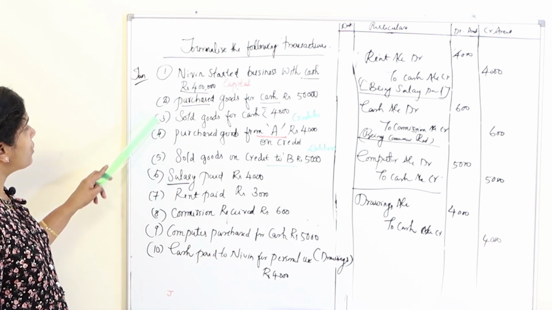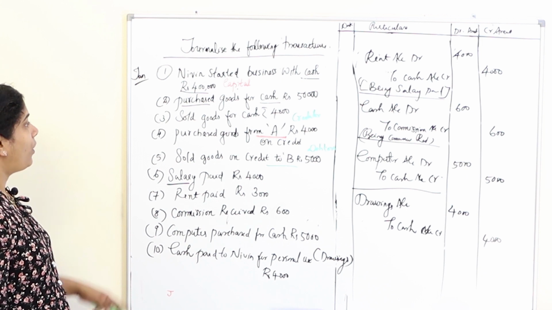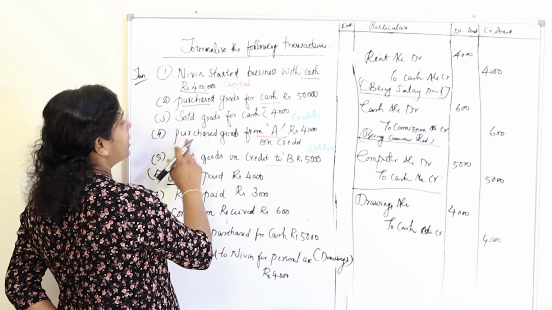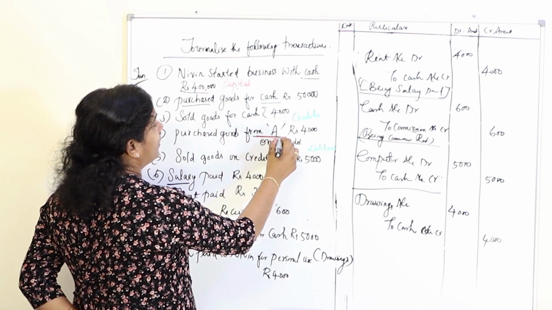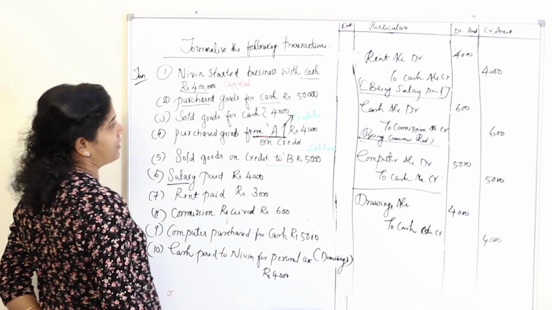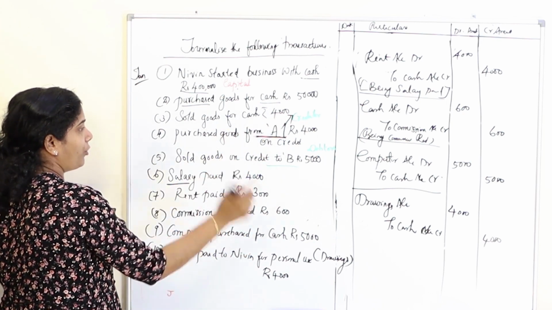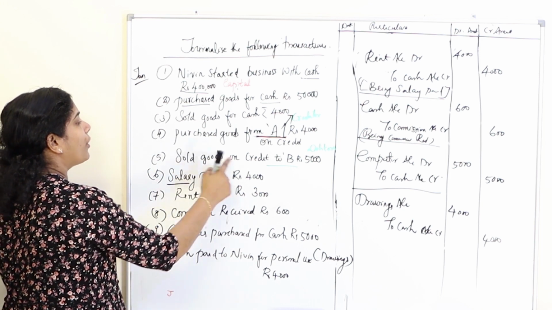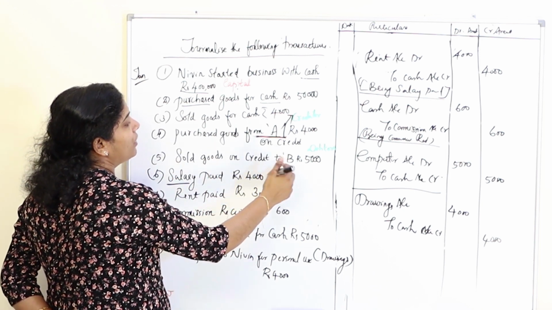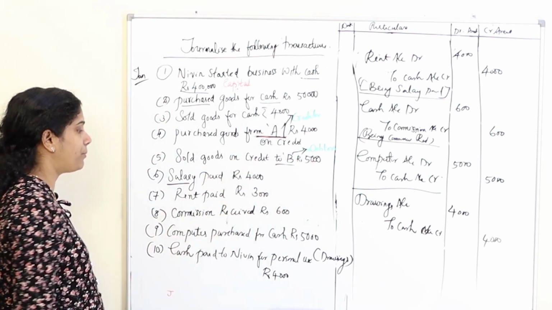Only these two entries are credit transactions. Here, purchased goods from Mr. A is payable to A. We can call them creditors. We have to pay them. And here sold goods on credit to B means receivable from B. So we can call them debtors. So this is creditor and this is debtor.